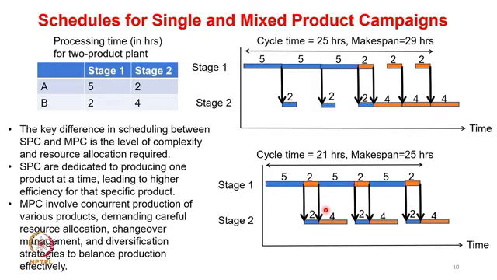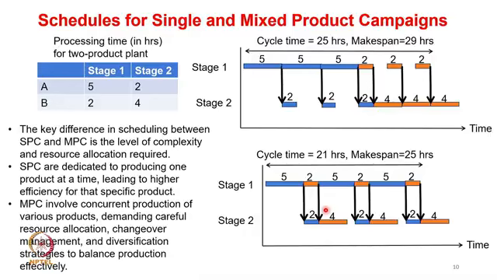So how do you identify schedules for mixed product campaigns? You have 2 products here, A and B, and both of them pass through 2 stages.